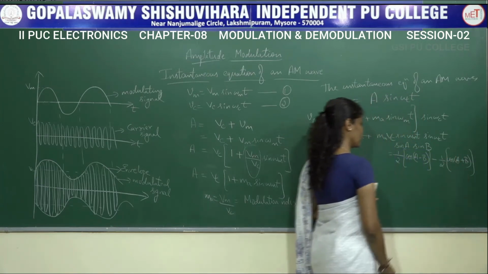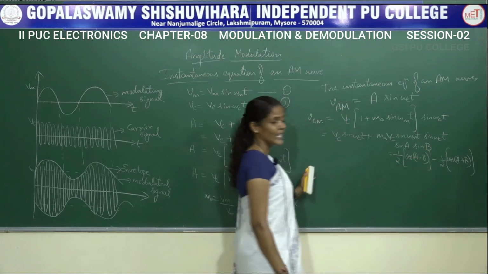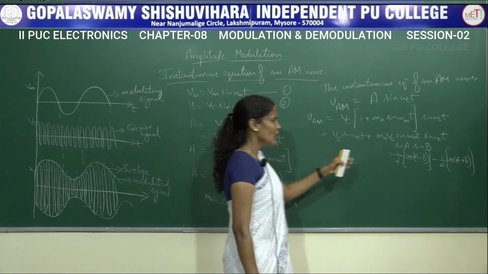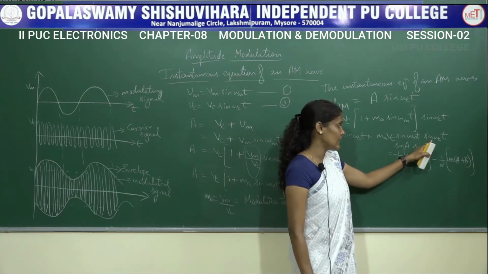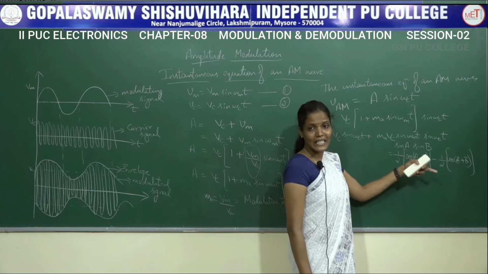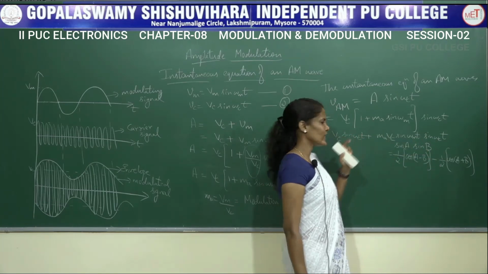This is the expression. So, in place of A and B, we are having omega m and omega c. But out of omega m and omega c, the value of omega c is very, very large, because omega c is nothing but the angular frequency of a carrier signal, which is very large.